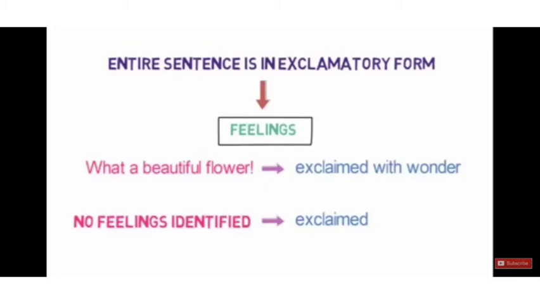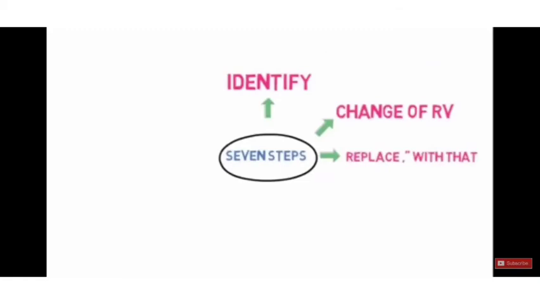In some cases, we do not identify the feelings in the sentence. Then we use the reporting verb exclaimed only. I hope you are all very clear. Next we see step number 3. Step number 3 is replacement of the inverted commas.